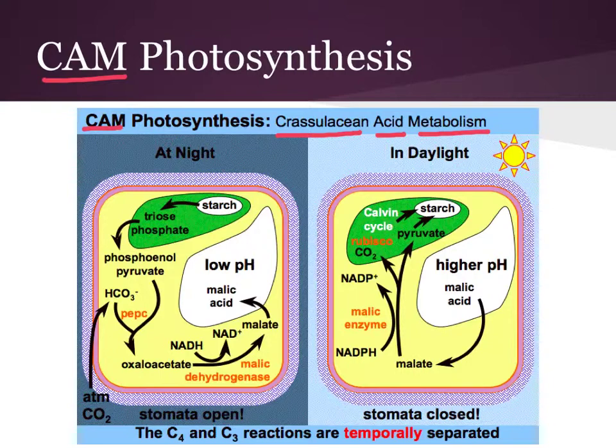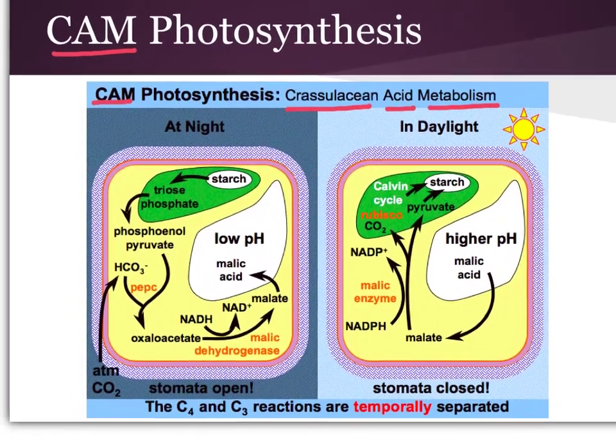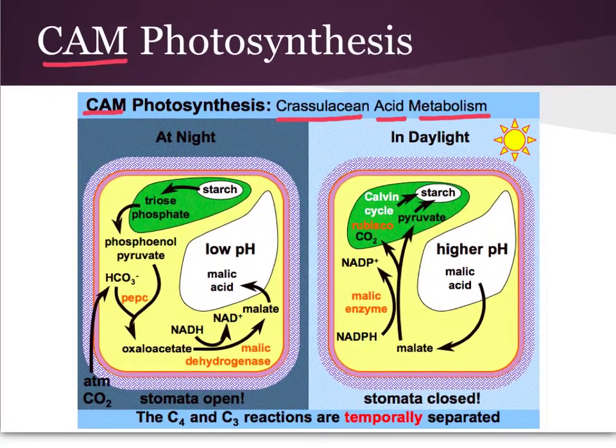So what we see here is that during the nighttime, these plants open up their stomata. When the plants open up their stomata at night, the plants can now take in atmospheric CO2. A similar conversion happens in CAM plants, where our CO2 is converted into malate and into malic acid.